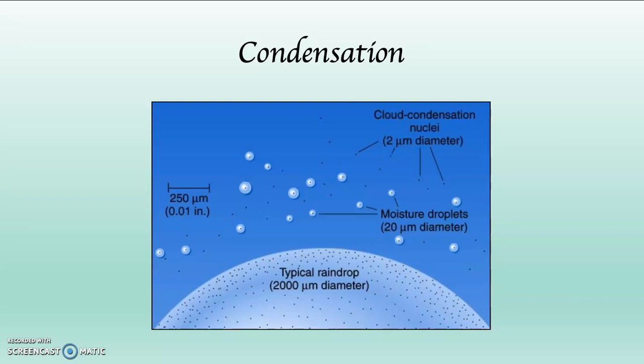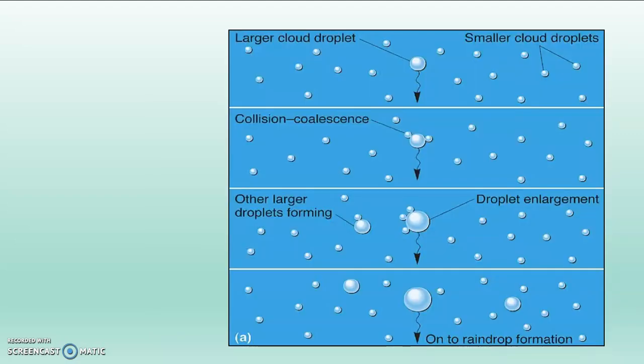Then around those, cloud droplets form, which are also microscopic, bigger than the condensation nuclei, but still very, very small. Then you can see the size of a typical raindrop, which is many times larger than a cloud droplet. In fact, inside the raindrop, you can see that there are lots of condensation nuclei that have accumulated in there as a result of all of these cloud droplets bumping into each other and coalescing.